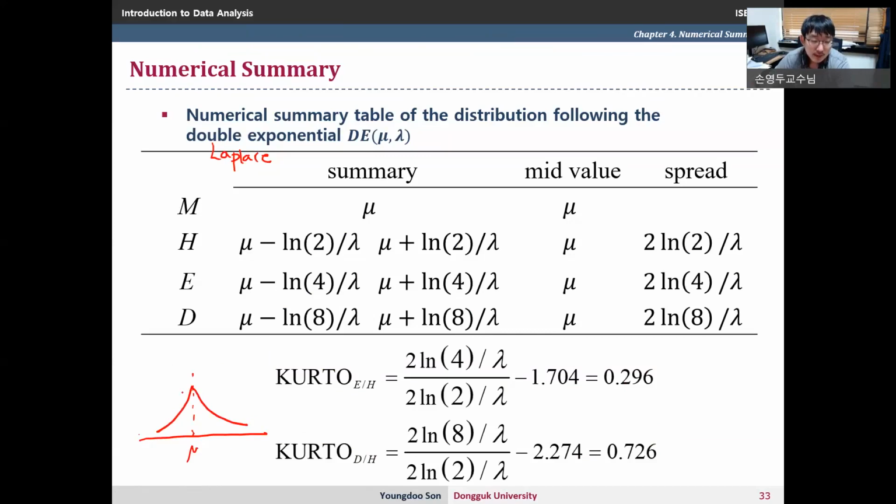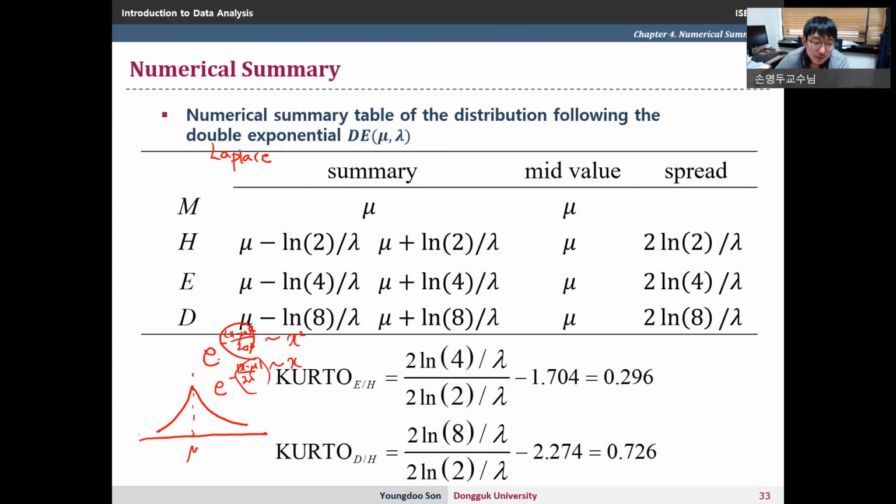This distribution is high-peaked and fat-tailed compared to the normal distribution, because for the normal distribution, the exponential term has an x squared term, specifically (x minus mu) squared over 2 sigma squared. However, this double exponential distribution has maybe lambda times the absolute value of x minus mu, so the power of the exponential is proportional to x.